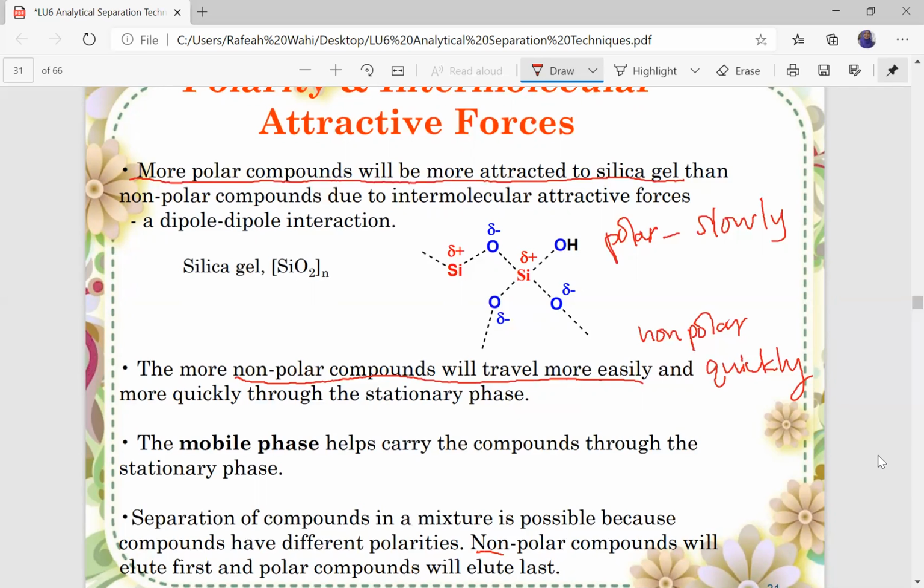So you remember this statement, non-polar compounds will elute first. Why? Because they move more quickly compared to the polar compound. Polar compounds will elute last because more polar compounds will be attracted to silica gel compared to non-polar compounds.